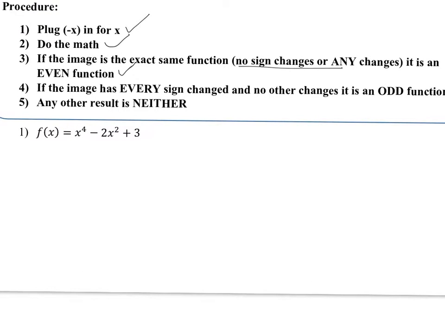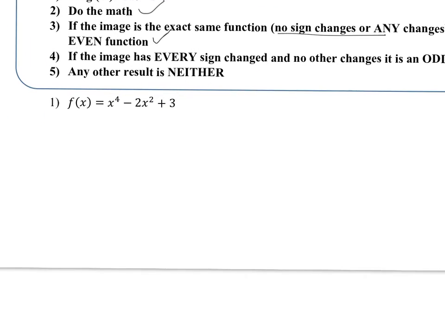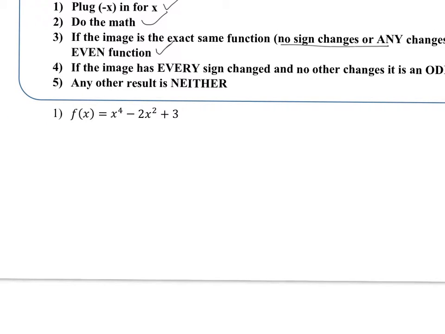So that's the process. I have to plug in f of negative x. When I plug in that, if I get the exact same function out, x to the 4th minus 2x squared plus 3, then this is considered an even function.